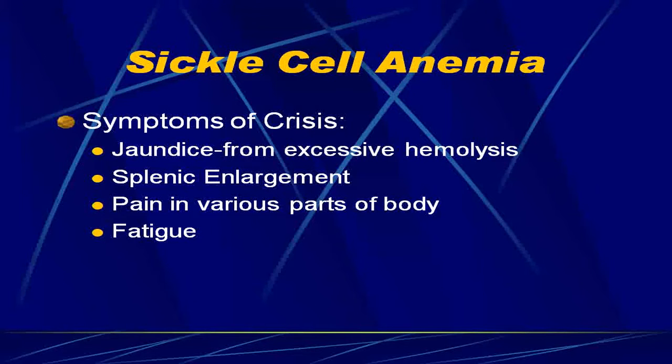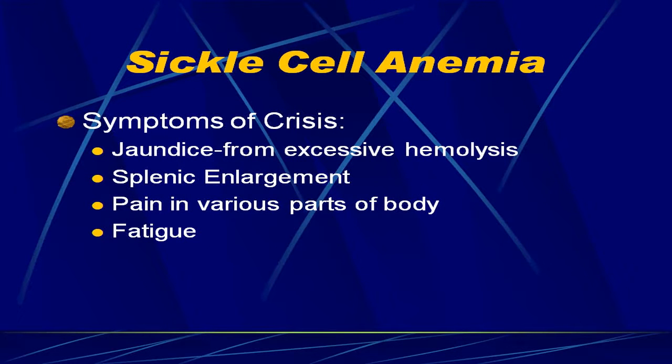The symptoms that we see associated with a crisis: the person is going to have jaundice from excessive hemolysis. Again, the spleen is overactive when a person has sickle cell disease, and so we have red blood cells being destroyed at a high rate.